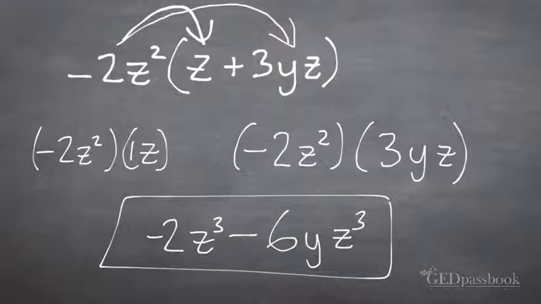This is called distribution. This is honestly multiplying the outside number that's attached to the parentheses to everything on the inside. This times that creates this. This times that creates that. Distribution.